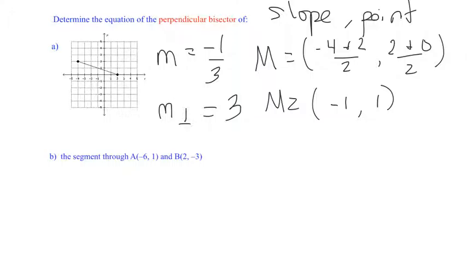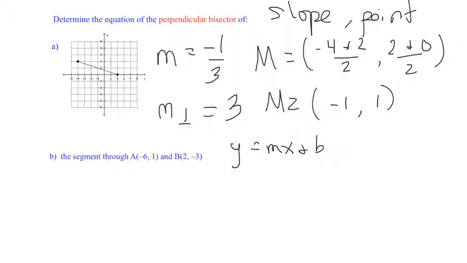So now we have a slope of 3 and a point of (-1, 1). So what we do in this case is we do what we always do when we want a line, and that is to put it into y = mx + b. Now I know m, that's this value of 3. And I know a point, x and y, that's these guys.